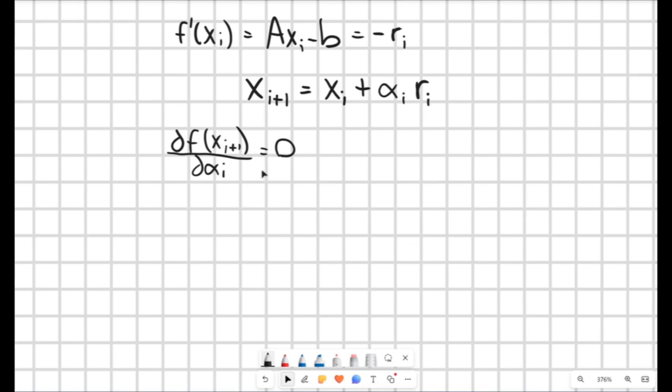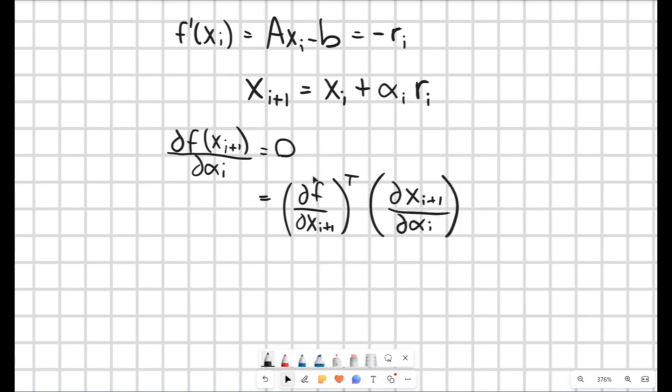So this term here we're going to expand with essentially the chain rule, so I'll just write it down here. So what we've got is delta f by delta x i plus 1, transposed, multiplied by delta x i plus 1 by delta alpha i.